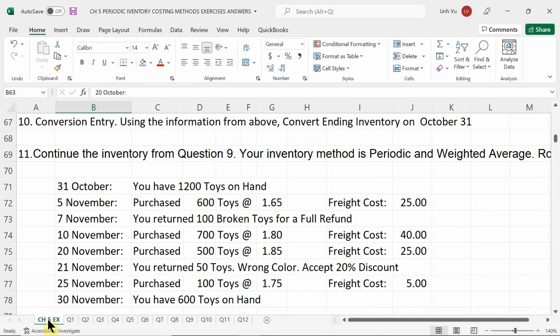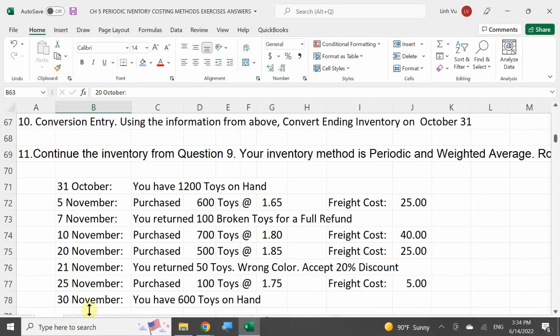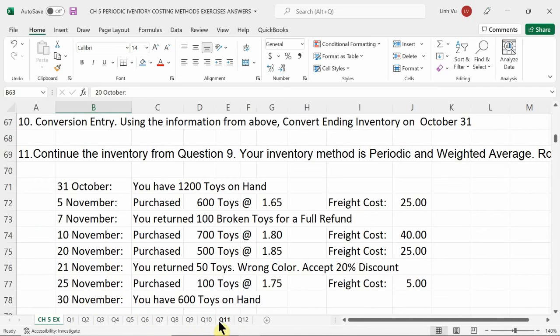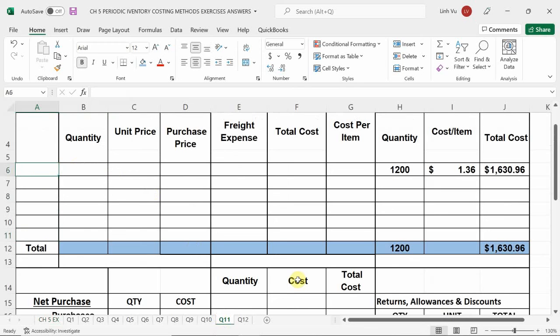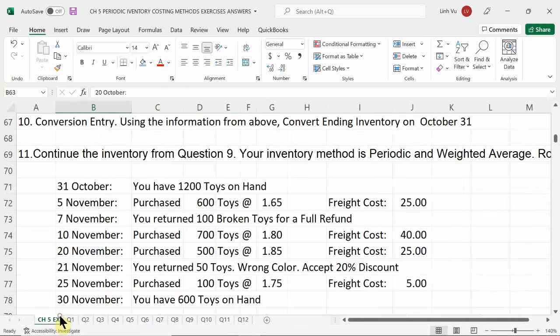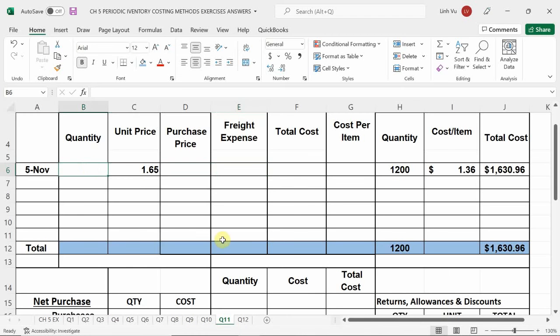So November 5th, we purchased 600 units at $1.65 with a $25 freight.